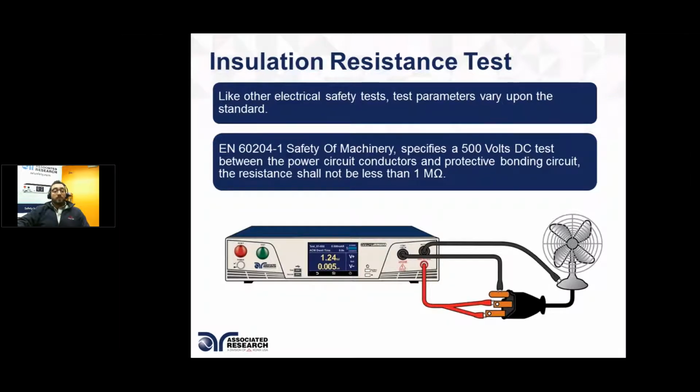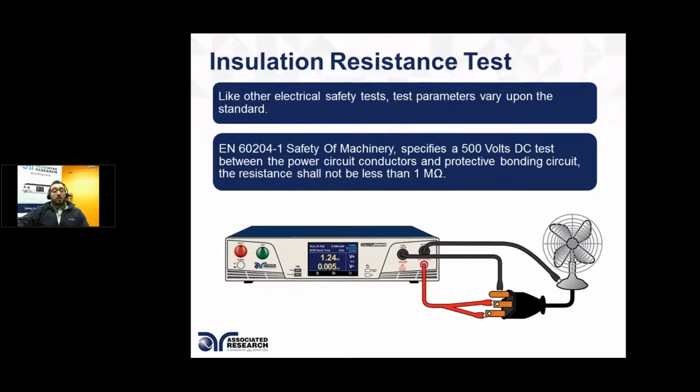Quick example from one of the test standards: safety of machinery, EN 60204-1, specifies a 500 volt DC test between the power circuit conductors and the protective bonding circuit, and the resistance shall not be less than 1 megaohm. So here you go. This test standard is actually telling you what voltage to use and how to set up the failure thresholds.